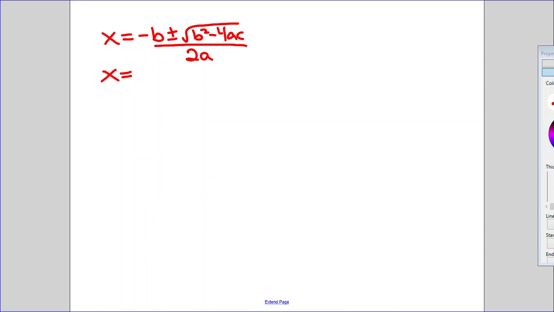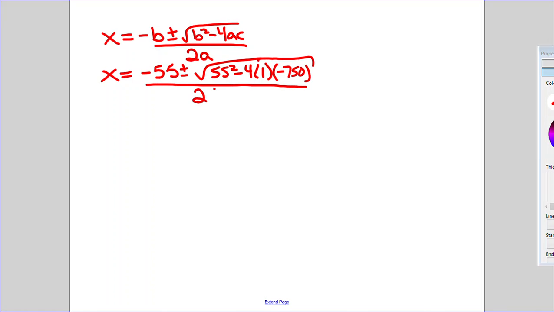So x is equal to negative 55 plus or minus the square root of 55 squared minus 4 times 1 times my c value, which was negative 750, over 2 times 1. So x is equal to negative 55 plus or minus the square root of 3,025, 55 squared, plus 3,000, because I have a negative times a negative.